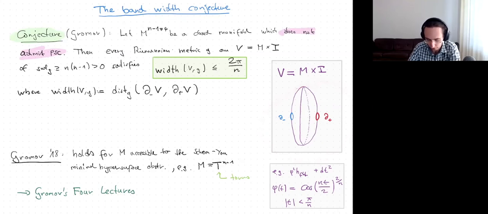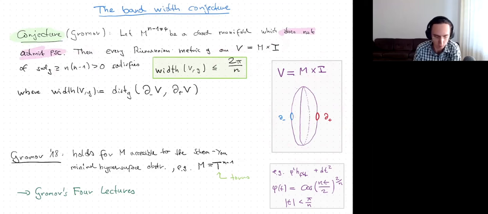You have the cylinder and you have some metric on this, so it maybe doesn't look quite like a cylinder, so maybe it looks like this. And then you have the two boundary components of this compact interval here. And the statement is that the distance between these two boundary components is a priori bounded. If you have this scalar curvature bound, then the bound is 2 pi over n.